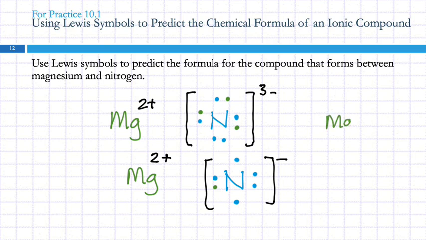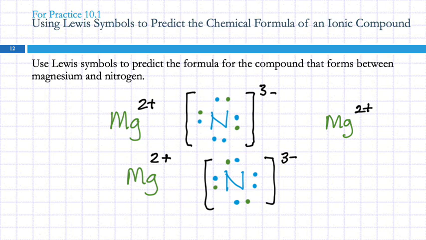Let's bring in another magnesium. It's got 2 valence electrons. So magnesium here wants to get rid of 2 valence electrons. This nitrogen needs 2 valence electrons. So they can help each other out. Now the nitrogen has 3 minus charge, magnesium has a 2 plus charge. It took 2 nitrogens and 3 magnesiums so that we could get everybody to have an octet.